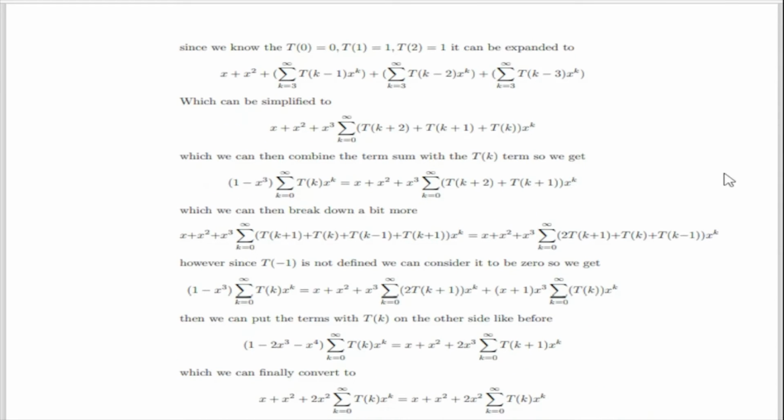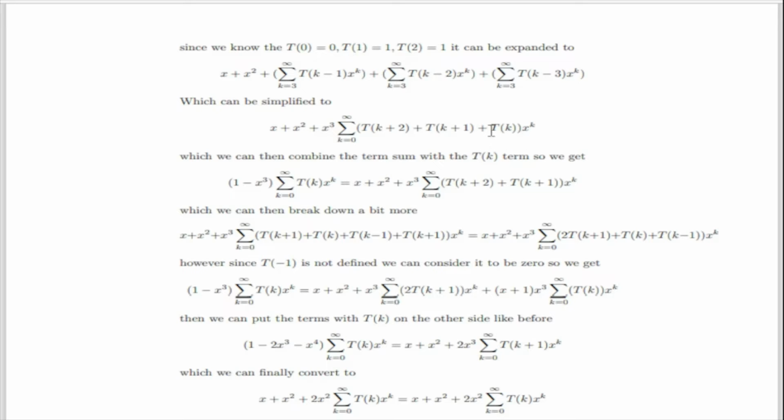Since we know that t of k can be expanded into t of k minus 1 plus t of k minus 2 plus t of k minus 3, we can actually do that right now, which can be simplified to x plus x squared plus x cubed all times the sum right here. And that's because we're indexing from 0 to infinity on this sum, whereas we're indexing from 3 to infinity on these sums.